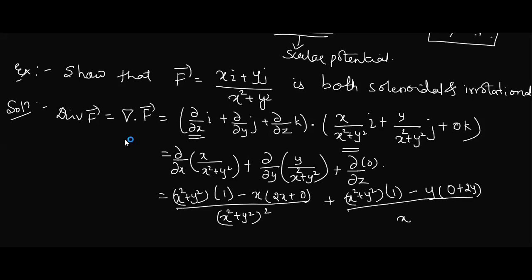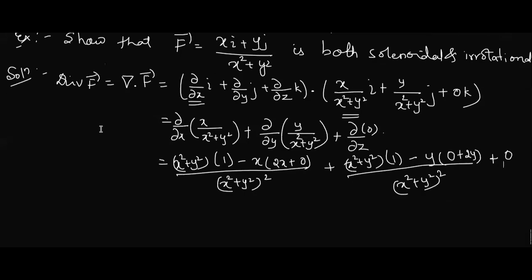Divided by what? Again, x square plus y square the whole square. Can anybody tell me what is the derivative of 0 with respect to z? 0. 0 is a constant. The derivative of a constant is always 0.